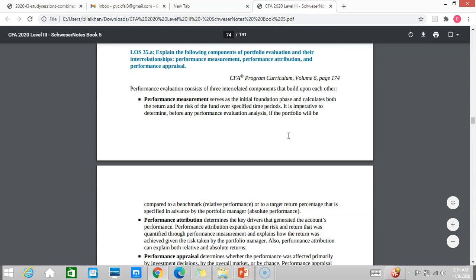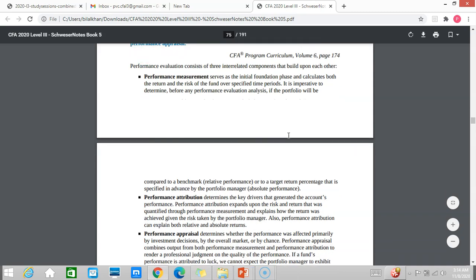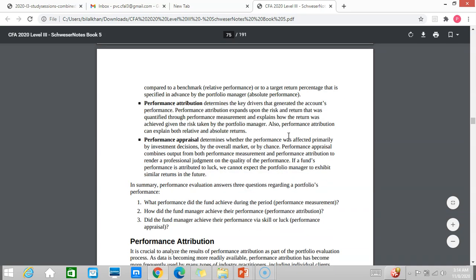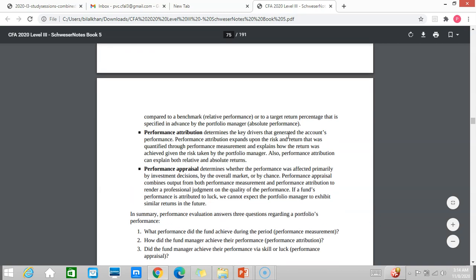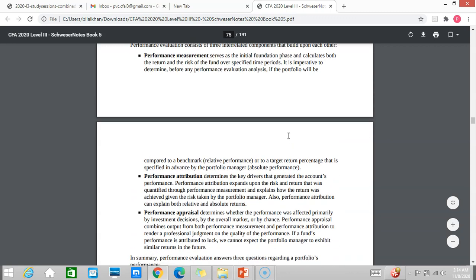So first you measure performance, then attribution, that is, where did that return come from, what led to that return. Is your portfolio manager really performing well, or was it due to the benchmark he or she is following? Where is the performance coming from? What is adding value? And then performance appraisal, that is, were the strategy and the decisions used by your portfolio manager effective or not.